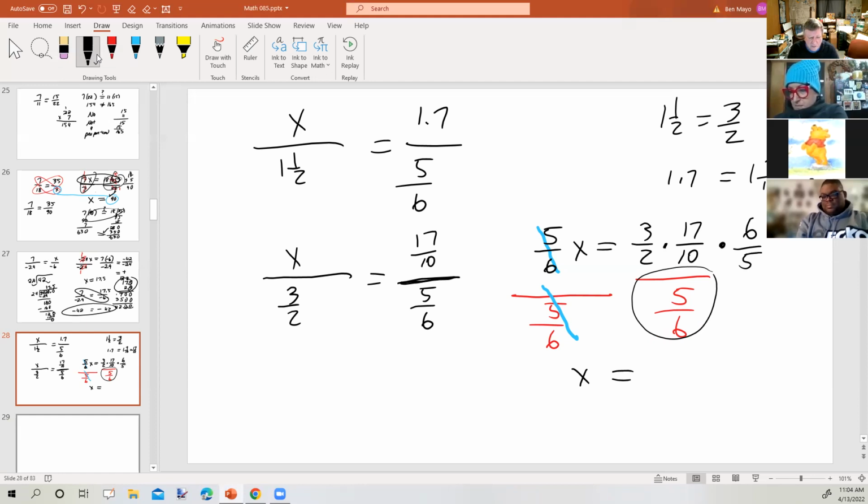Well, if dividing by a fraction is the same as multiplying by its reciprocal, there is an easier way.